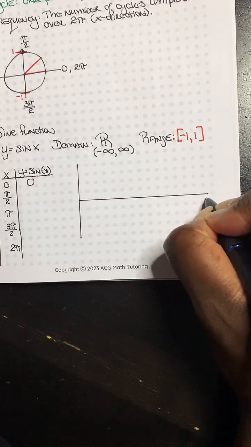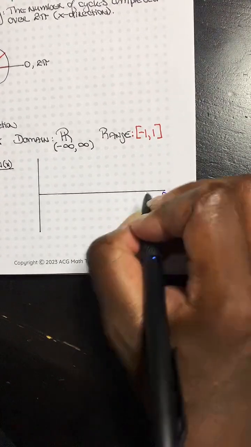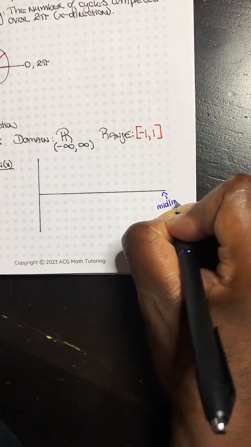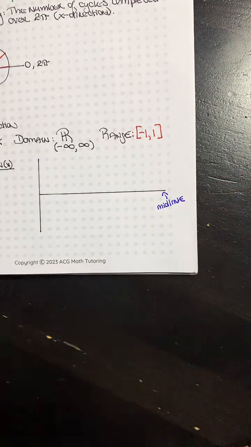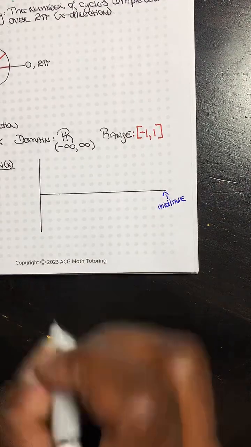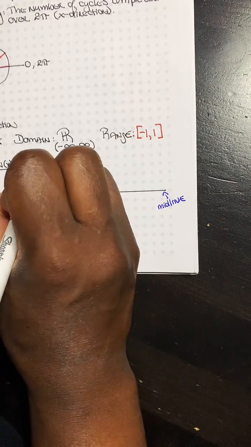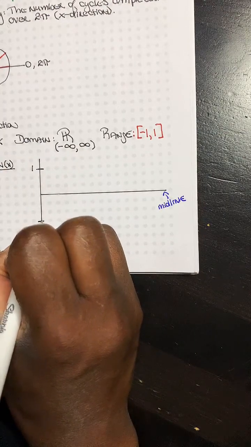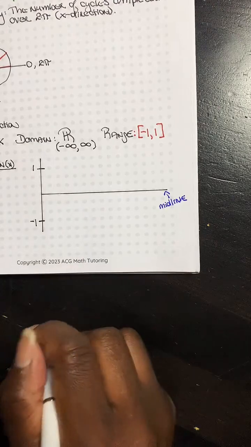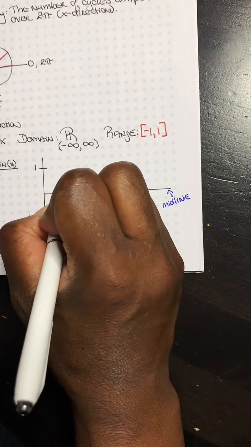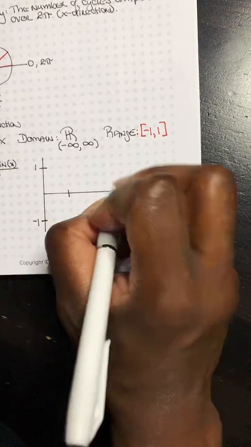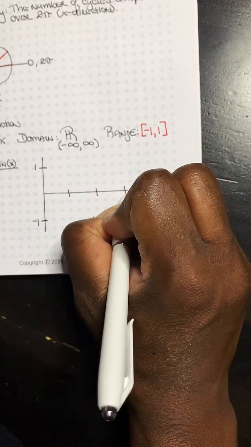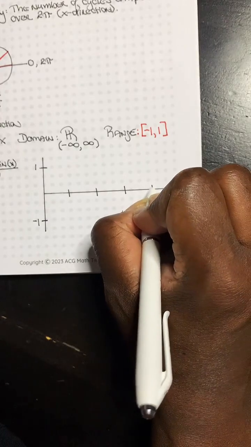This right here is going to be my midline, my x-axis. Like I said, this is going to go up to +1 and then down to -1. And I'm going to have the representation of pi over 2, pi, 3 pi over 2, 2 pi.